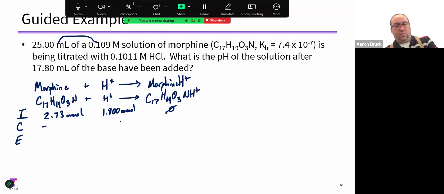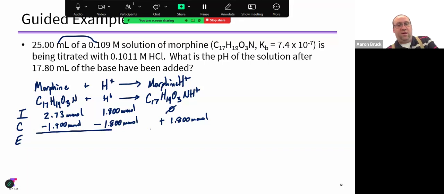So we're going to lose some, we're going to gain some. Hydrogen ion is the limiting reactant, so 1.800 is what is lost. And 1.800 millimoles is what is gained by the acidic form of morphine.